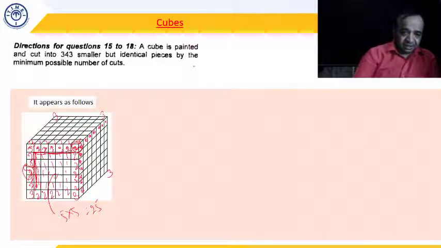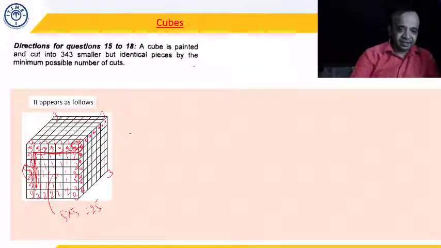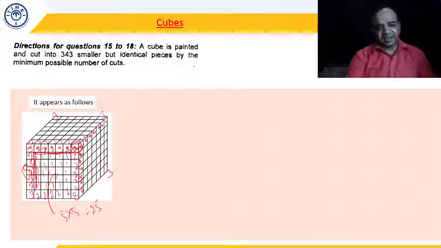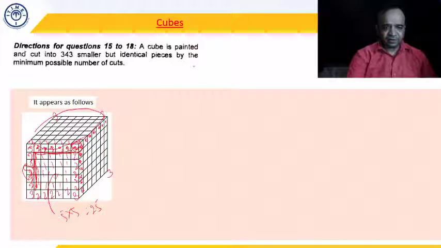Now, no face painted, all will be lying inside. These exposed pieces are acting as a layer for those pieces which are lying inside. How can it be considered as a layer? One piece along the dimension. So suppose if I remove this one, this is the upper layer, and if I remove this one, this is the lower layer.